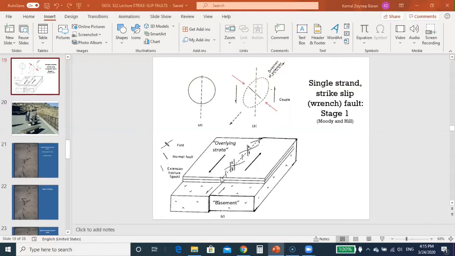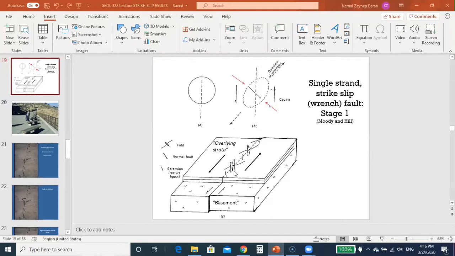So this is a horizontal layer, as you can see. Let's say this is the younger sediments cover the surface of a region, and underneath those younger sediments, we have basement rocks. We can be crystalline rocks, metamorphic rocks, some kind of hard rock.